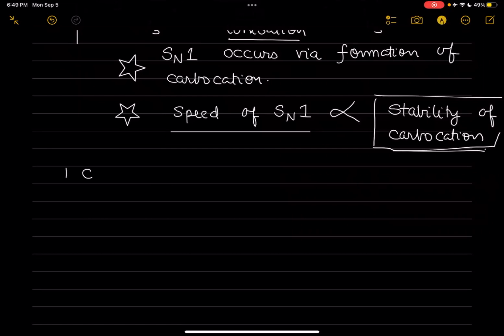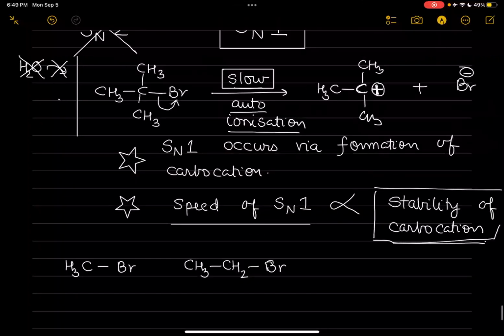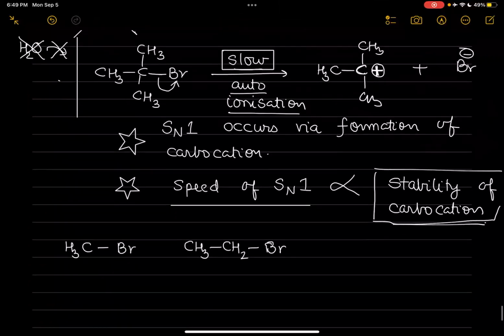So let's get into the factors which make a carbocation stable. Can any one of you tell me how a carbocation can become stable? Why am I worried about the stability of the carbocation? Because in SN1 the nucleophile can't come in and attack directly.